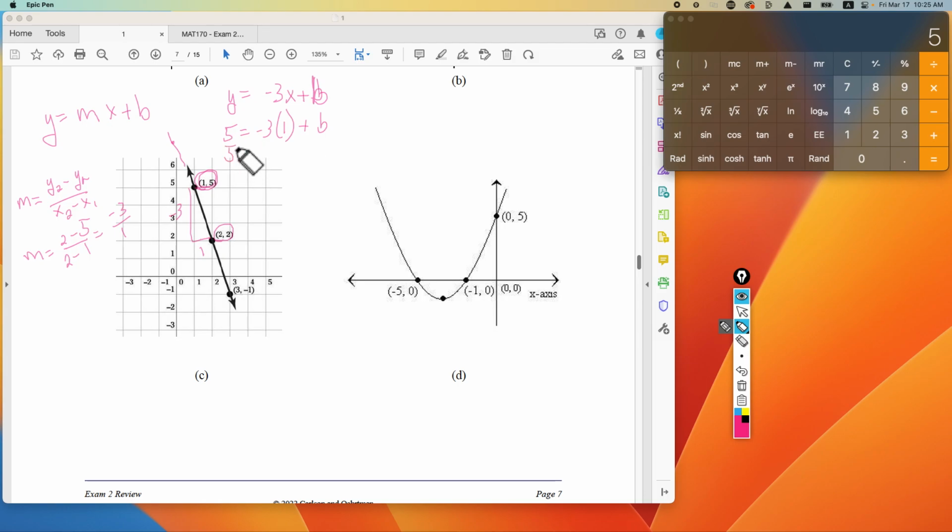So that gives me 5 equals negative 3 times 1, which is negative 3. Add 3 to both sides, and we get that 8 is what b is equal to. So our equation for this is going to be y equals the slope times x plus b, which is positive 8.